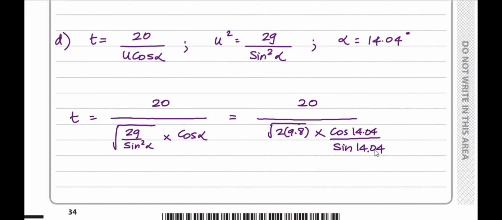Putting them into the calculator, we get 1.13 seconds. That is the time taken for the ball to reach the target.